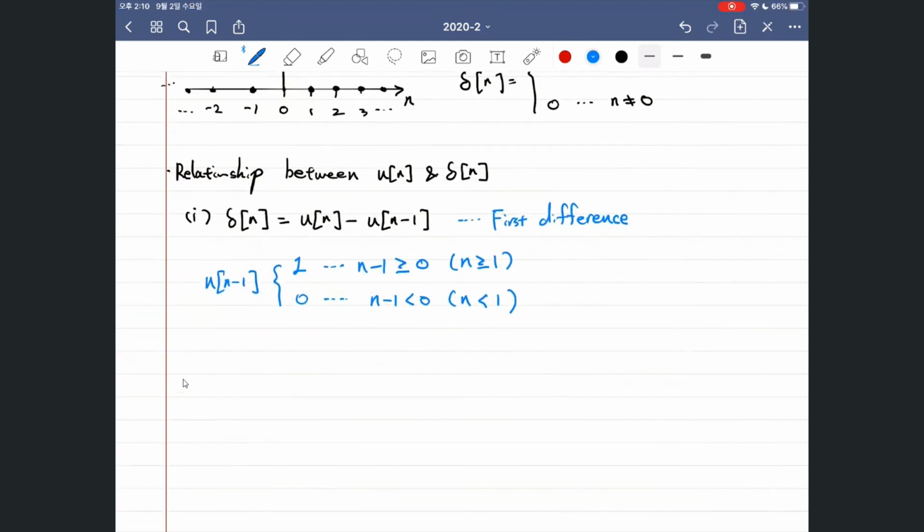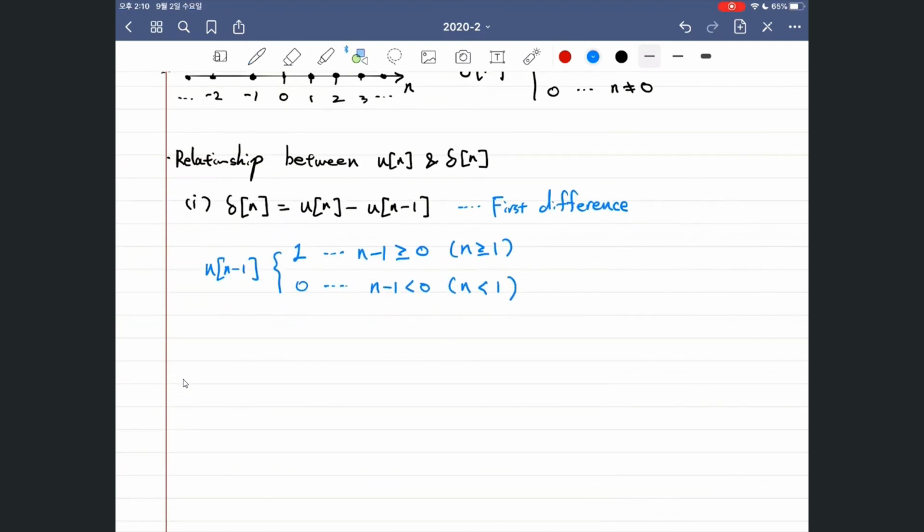And if you draw this thing, then starting from 1, it has the value of 1, and the others you get 0.